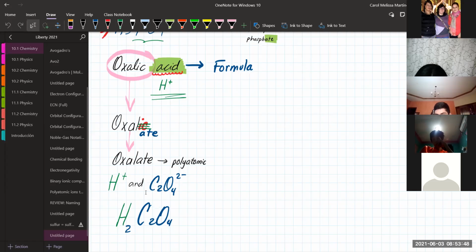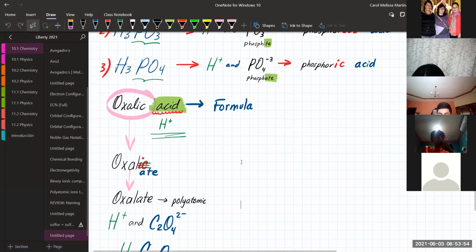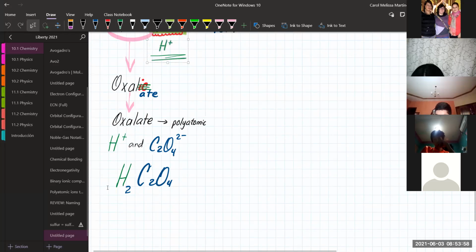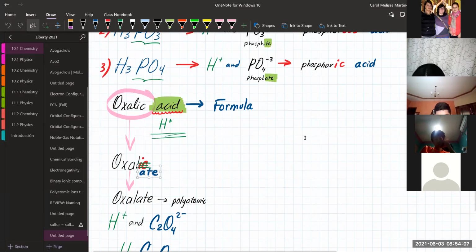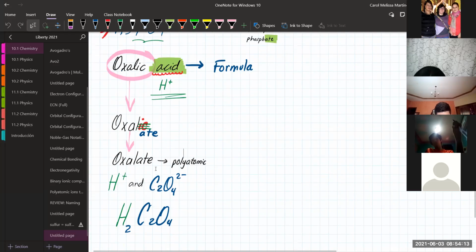So this is how you work from the name to obtain the formula. Step-by-step process. The word acid tells me that it has hydrogen on the left side, and oxalic tells me, because it ends in IC, I ate something icky. So the real name is oxalate, which is a polyatomic ion with this composition, C2O4 and -2.